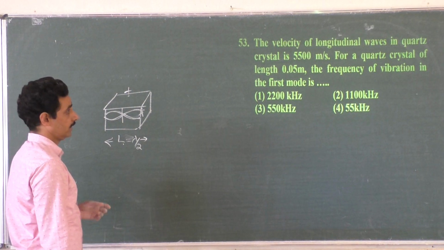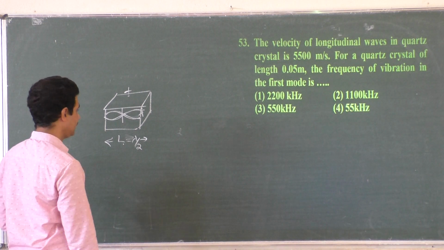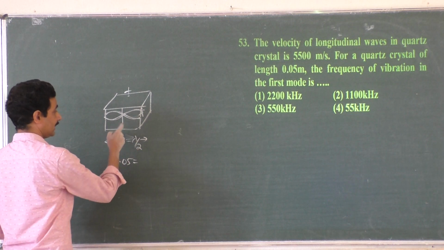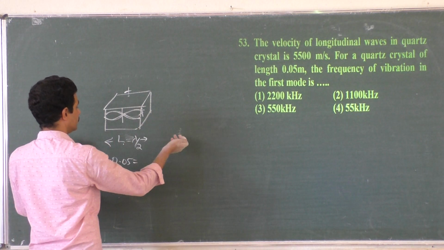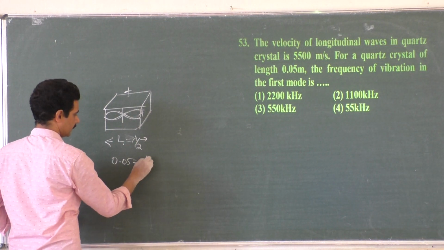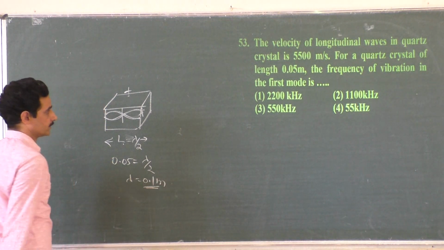Now the question is, the velocity of longitudinal waves in a quartz crystal is so much, and for a quartz crystal of length 0.05, that should be the fundamental mode. In the next mode you can have two more quarter loops. 0.05 is equal to lambda by 2, so lambda is equal to 0.1 meters. Then what is frequency?